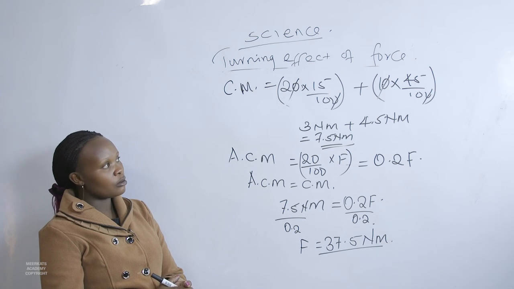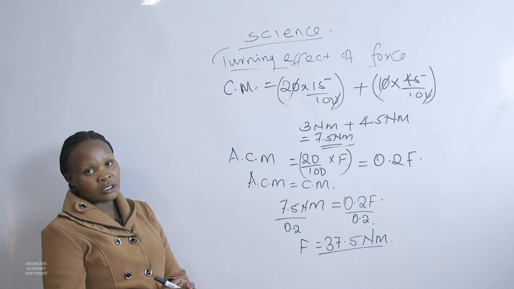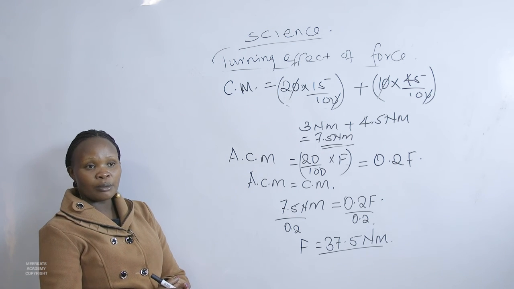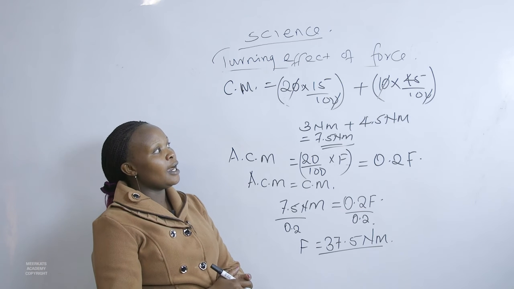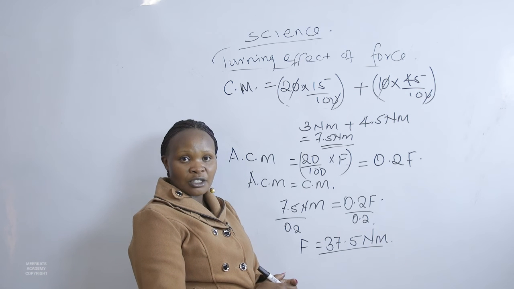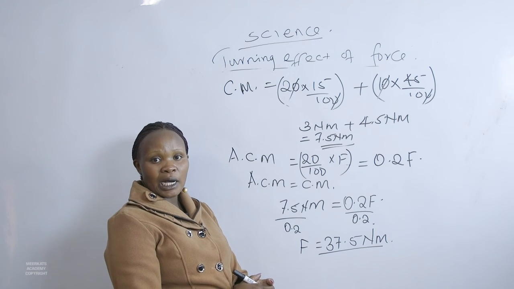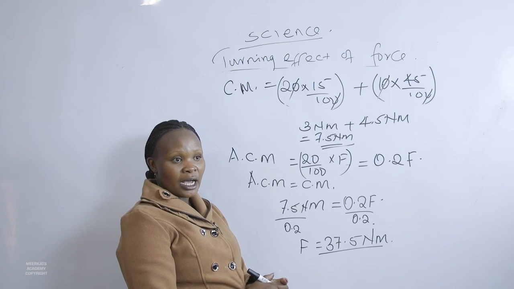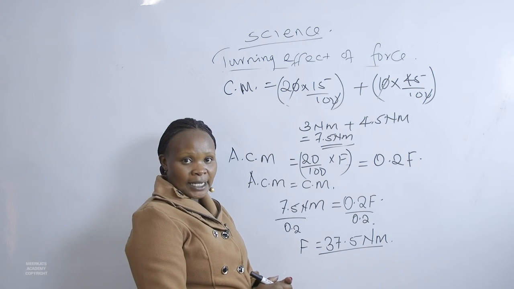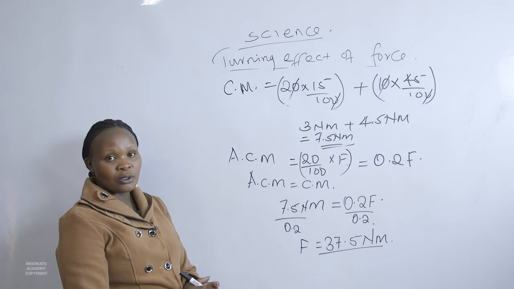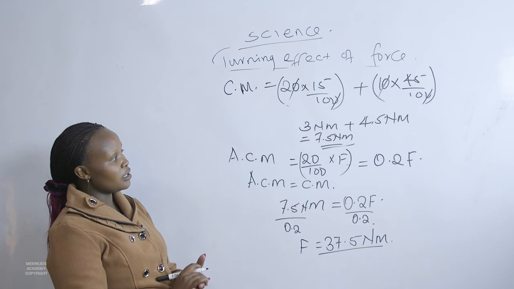Very important to remember that it's the perpendicular distance between the point of support and the line of action. Note that force does not act at a point. It acts along a line in its own direction because it's a vector.